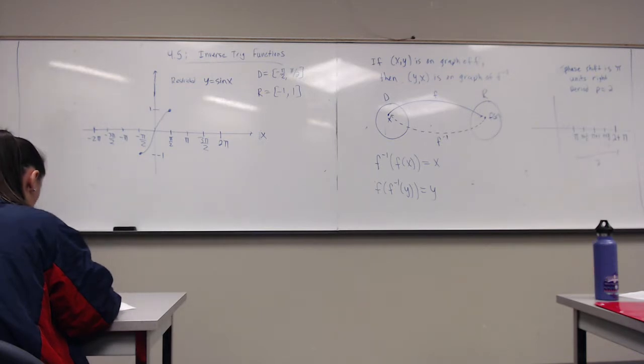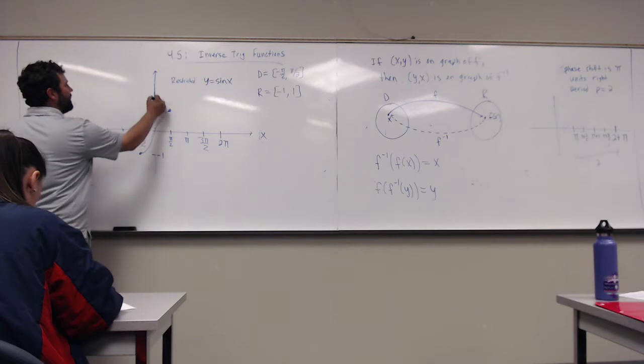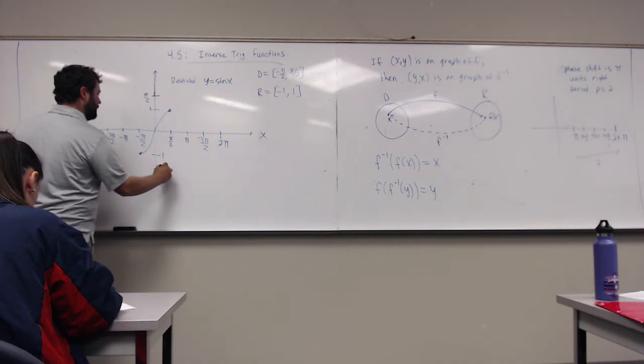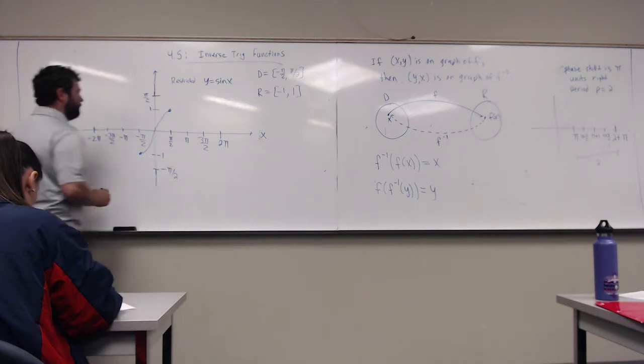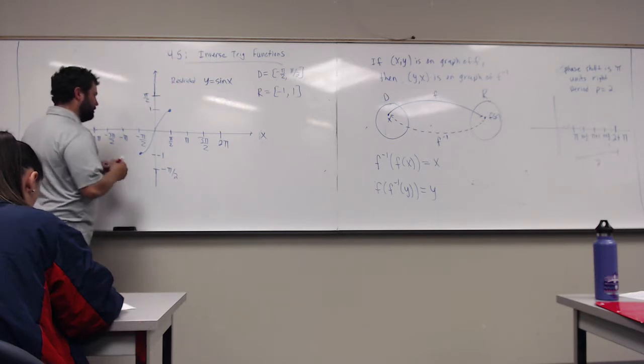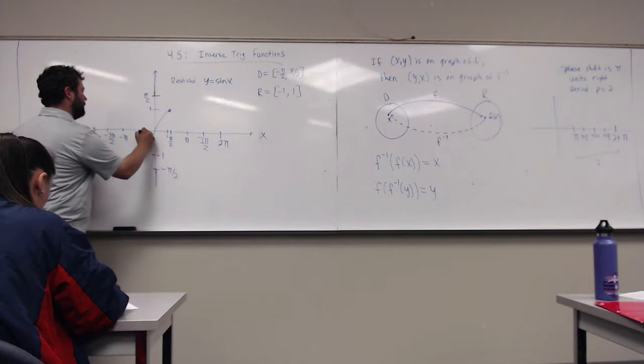It's like 1.6 something, I think. 1.57. Okay, so it's about half a unit up from here. So here's pi over 2. And then I'll go about another half unit down. Here's minus pi over 2. And then positive 1 and negative 1 are going to be about right here and right here.